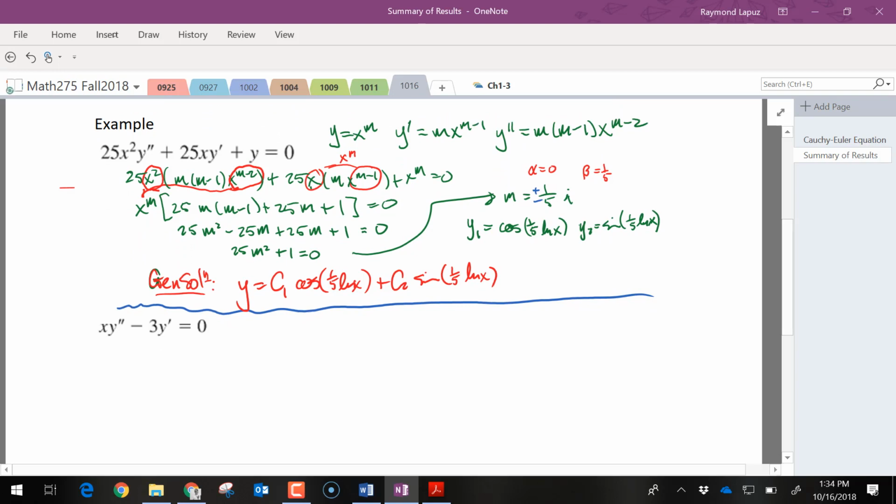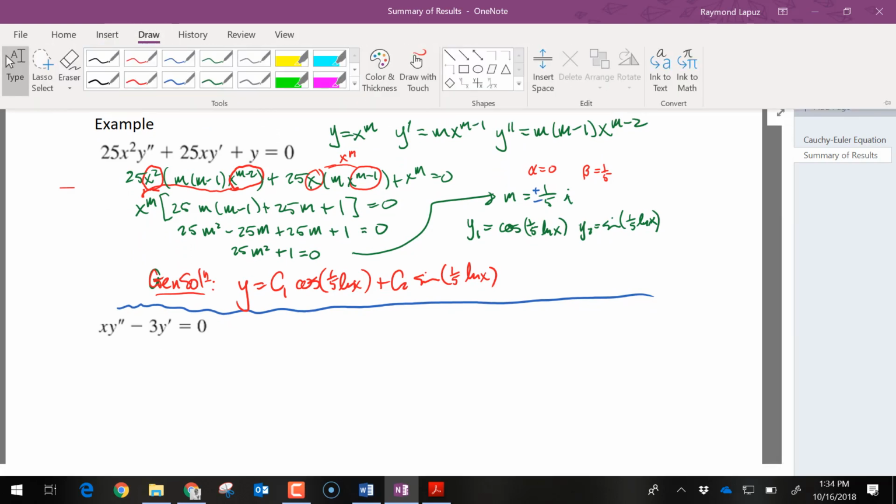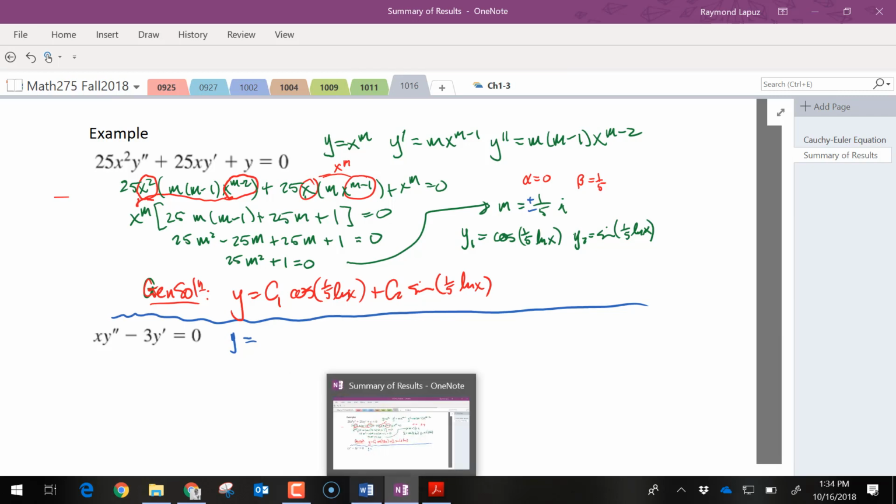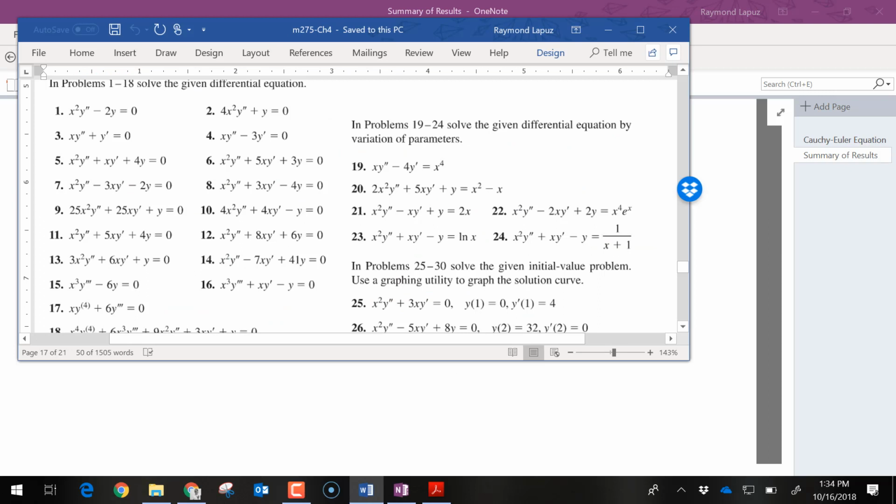Number 4. This problem. Well, that's not going to work. Yeah, let's do a different one. 8.